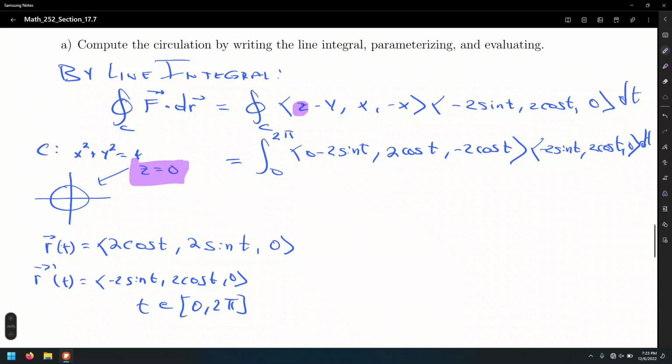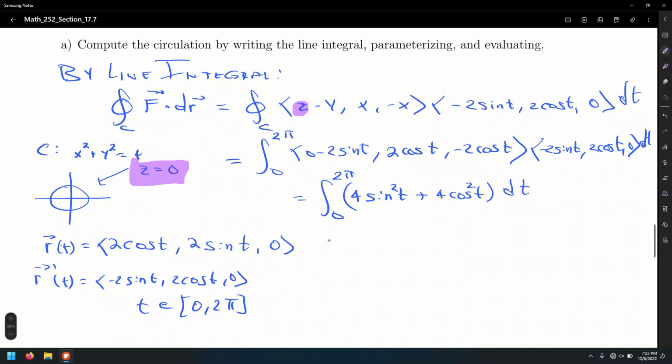All right, so dot product, component by component: negative 2 sine times itself is 4 sine squared. 2 cosine times itself, 4 cosine t squared rather. And negative 2 cosine t times 0 is just going to be 0, dt. But do you notice the identity sine squared plus cosine squared? Isn't that just 1?